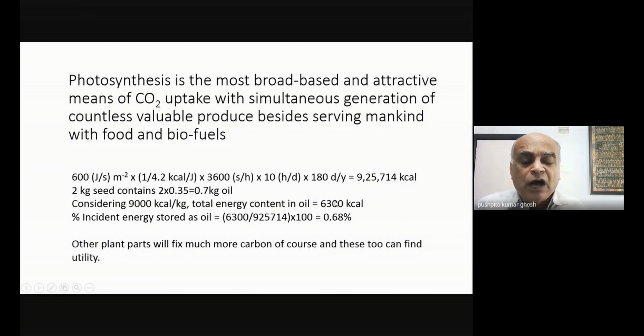So a plant, you can view it as a concentrator of solar energy, and whatever we eat, like our food, sugar, starch, they're all fairly high calorie things.